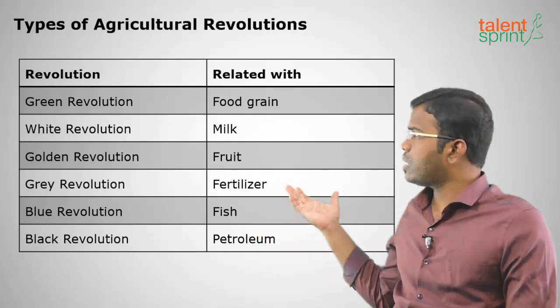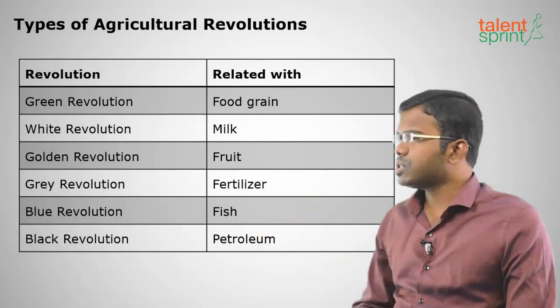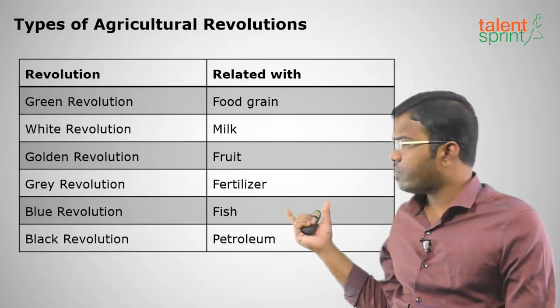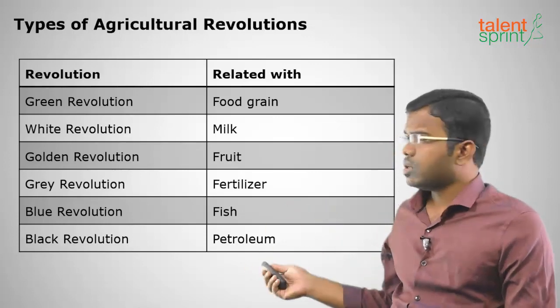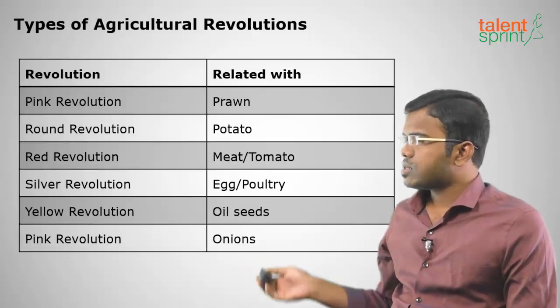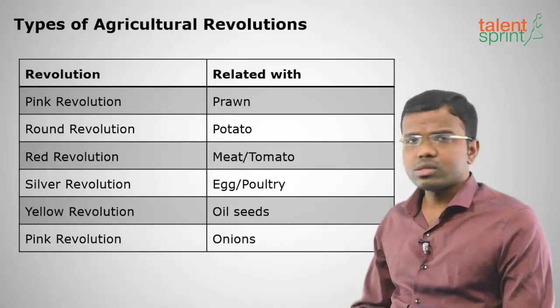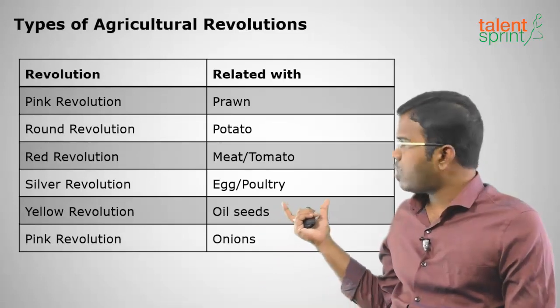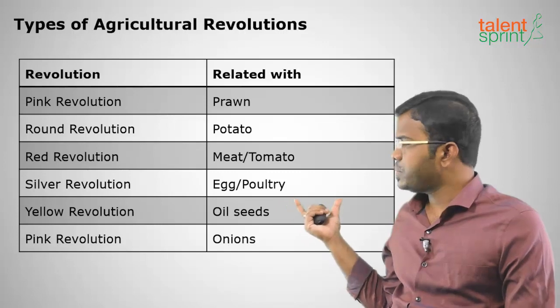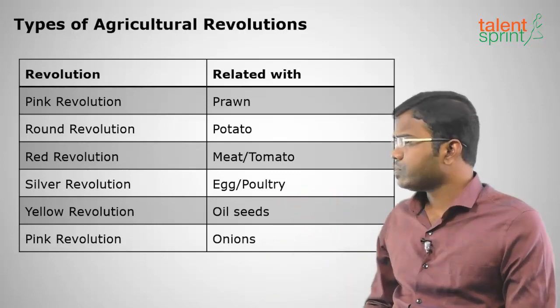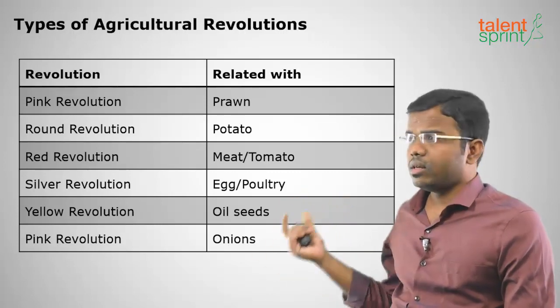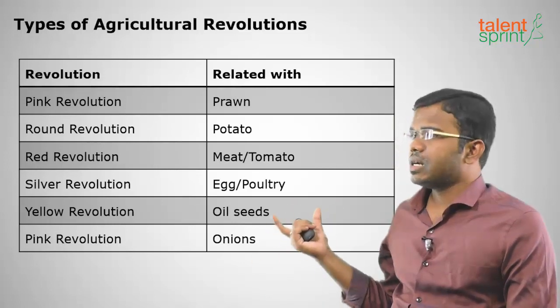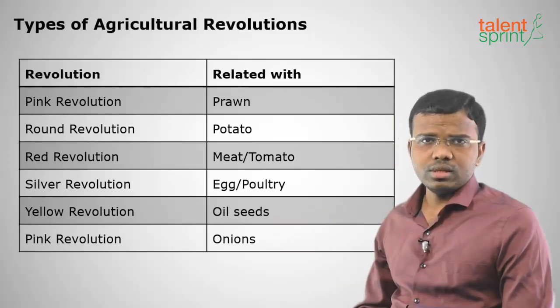And next is golden revolution, fruits; grey revolution, fertilizers; blue revolution, fish; black revolution, petroleum; pink revolution, prawns or shrimps; round revolution, potato; red revolution, meat or tomato; silver revolution, eggs or poultry; yellow revolution, oil seeds; pink revolution, onions. These are some of the important types of revolutions you need to remember for the examination.